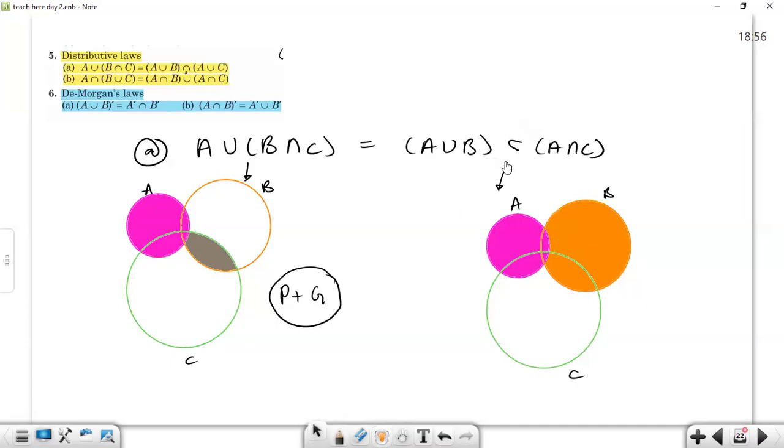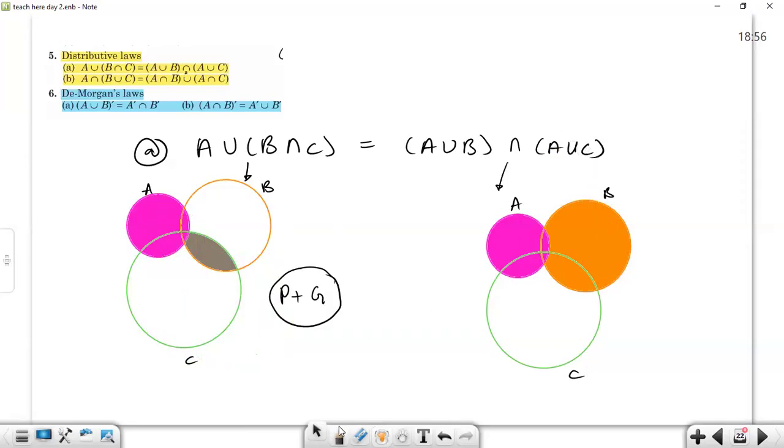So A union B, and also you have to take... It's actually A union C in the question, but you have written A intersection C. Oh, here. Yes. One more mistake.